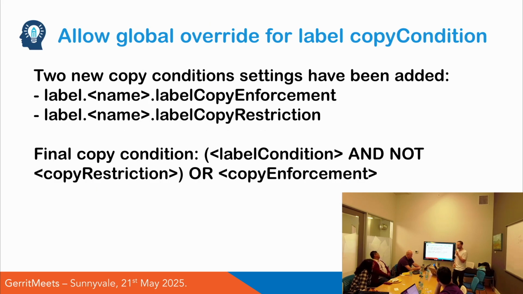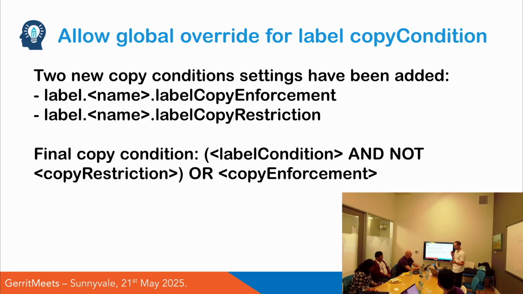We now allow global override for copy conditions. Essentially, the final copy condition is always whatever label condition you've configured, and not a copy restriction and then a copy enforcement. This can be helpful. For example, with label copy enforcement, you could set it so that all negative votes are copied over from the previous patch set.